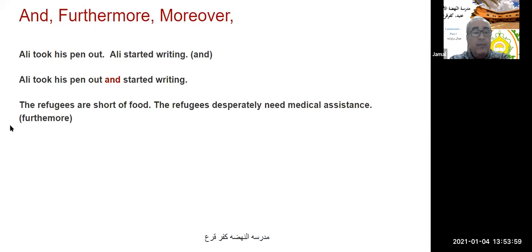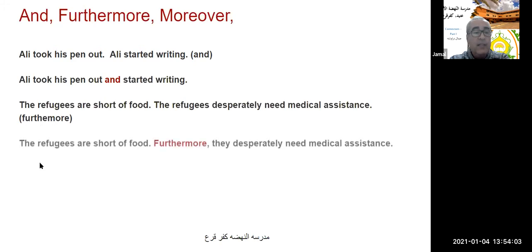What do you think? All right, let's see. The refugees are short of food. Furthermore, followed by a comma, they desperately need medical assistance. So we use furthermore because we are talking about the same idea. We are adding information in the same spirit.